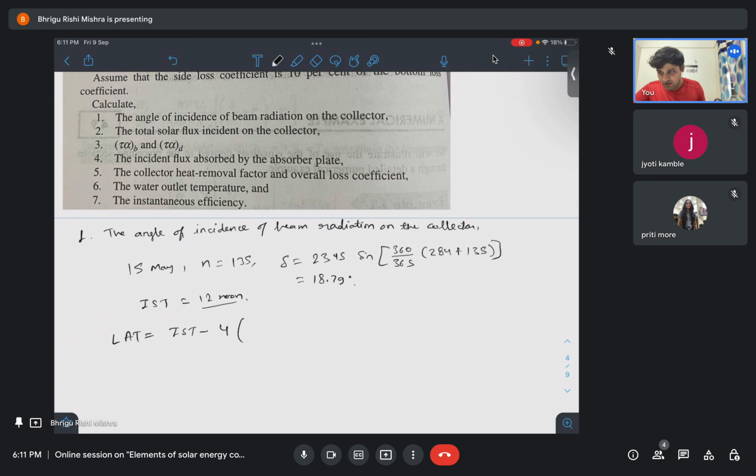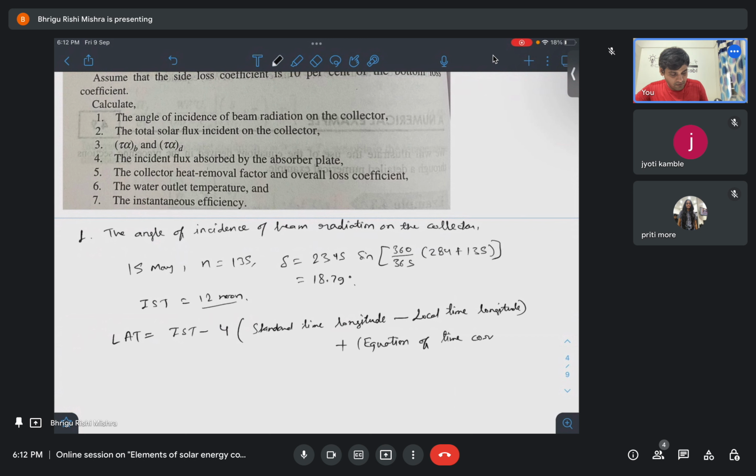It is the longitude, not the latitude, measured from the prime meridian: the difference between the meridian of the standard place, which for India is Allahabad, and the meridian of the local place.